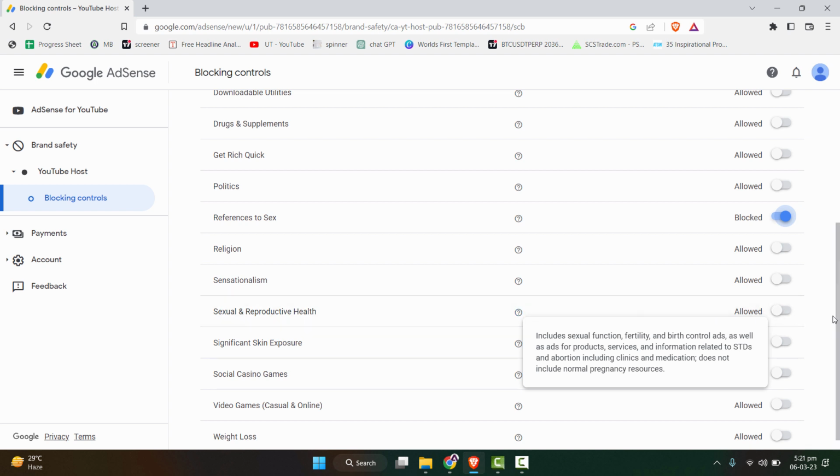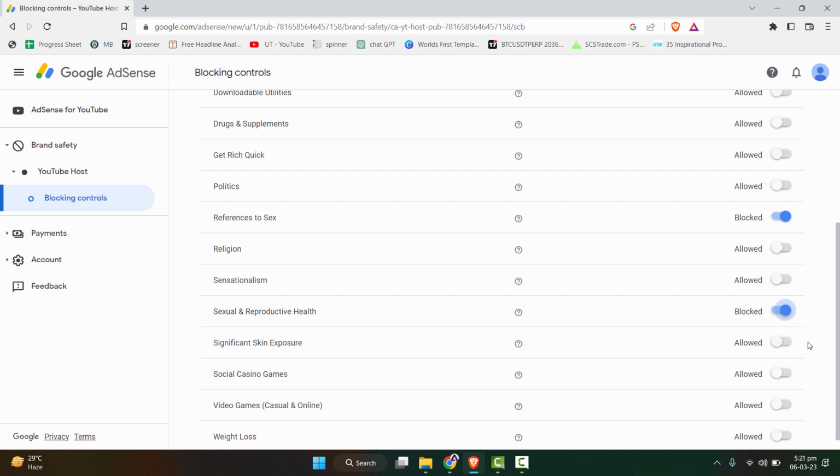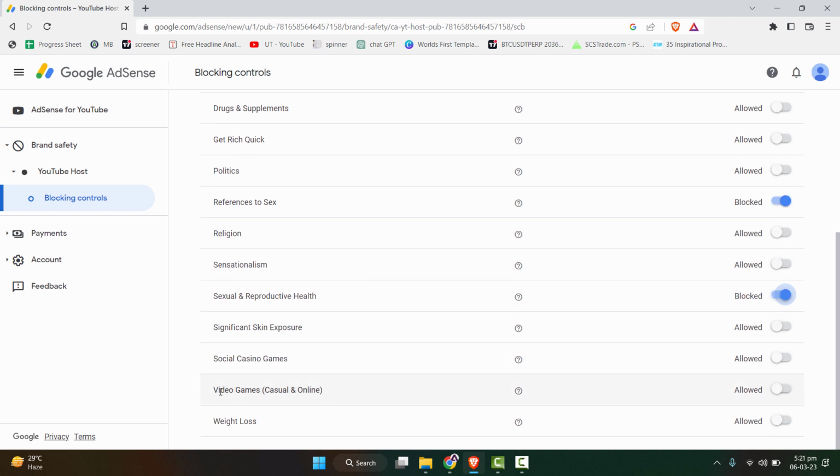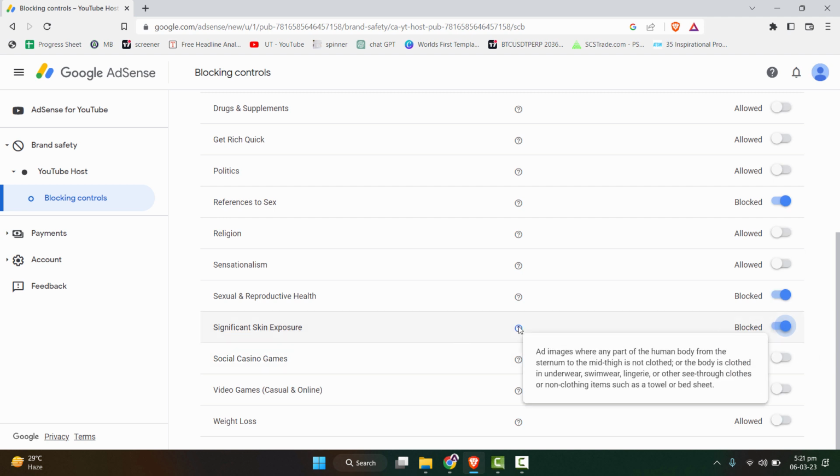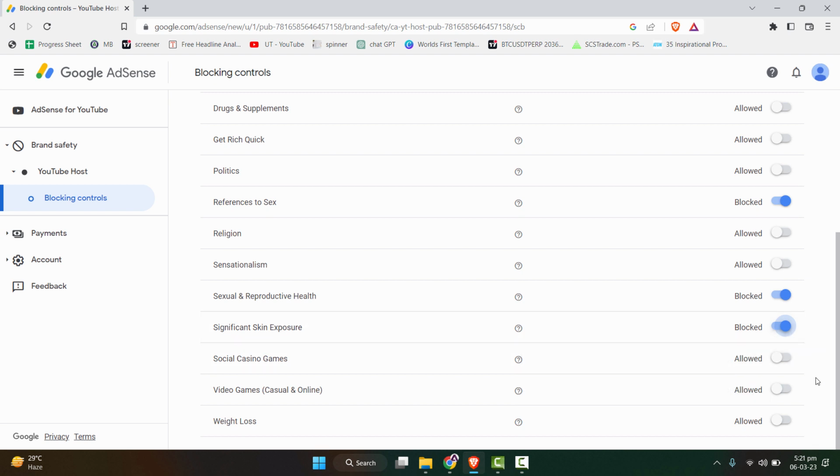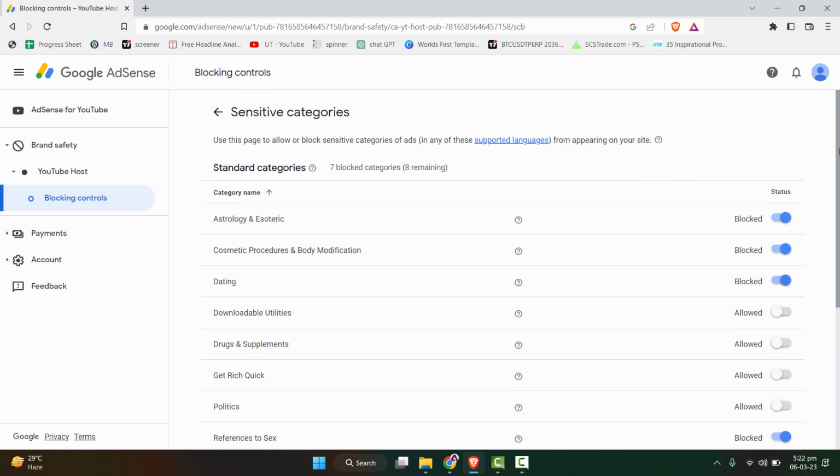So this is clearly not permitted. You can block this. Significant skin exposure, block. Basically this is about undergarment ads or something, so this is not right. I'll block this. Social casinos, block. Now these remaining ones are allowed.